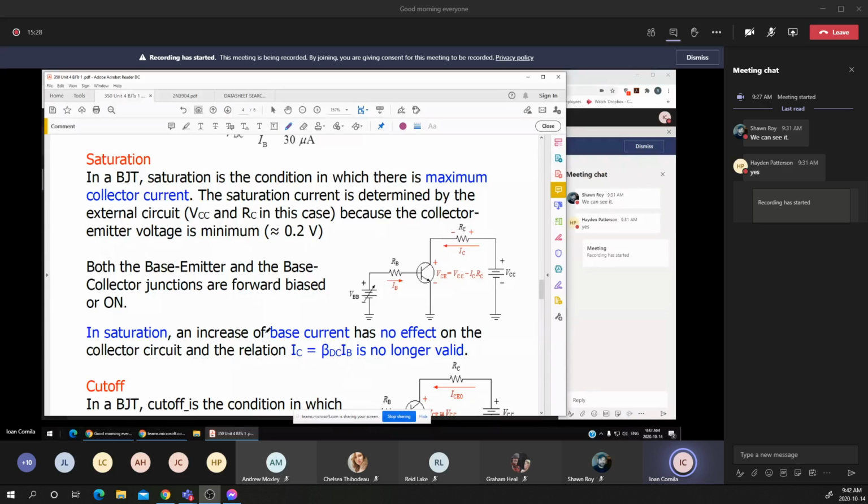Suppose that at home we are using a sponge, and we say that the sponge is fully saturated. What does that mean? The sponge cannot absorb more water, so it's saturated.